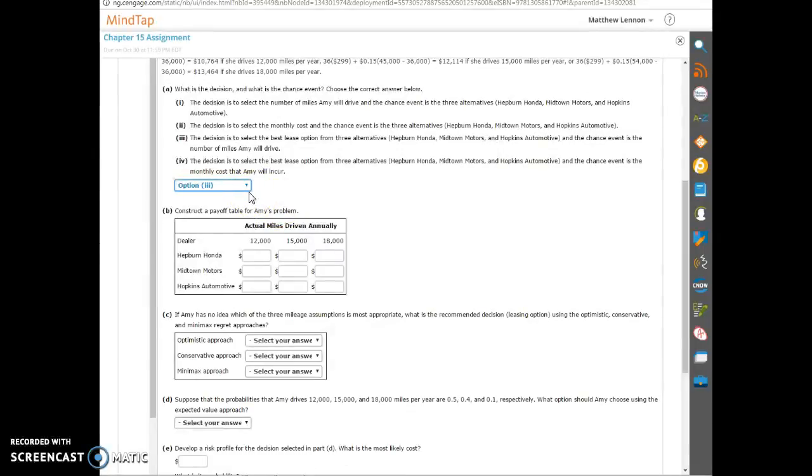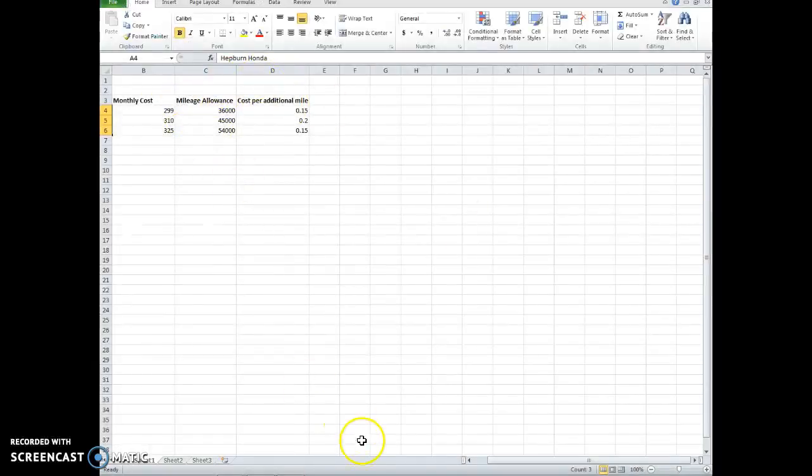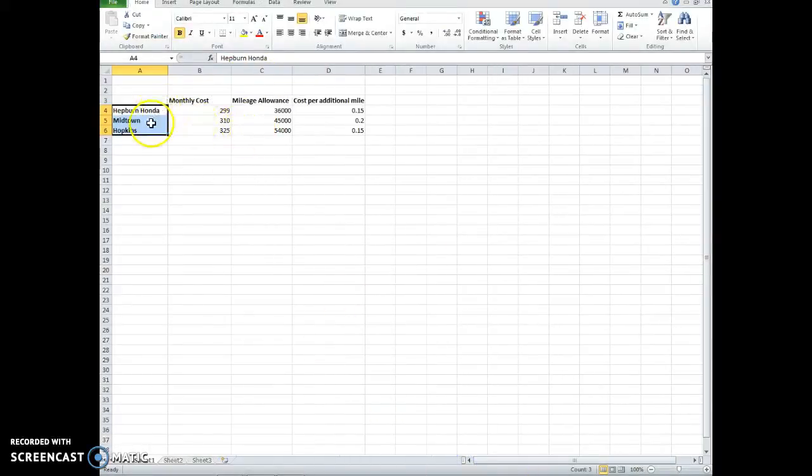So we want to construct a payoff table for each one of these to try and figure this out. I've copied over the options for the monthly cost. Let's do the mileage driven and then the payment for each of them.